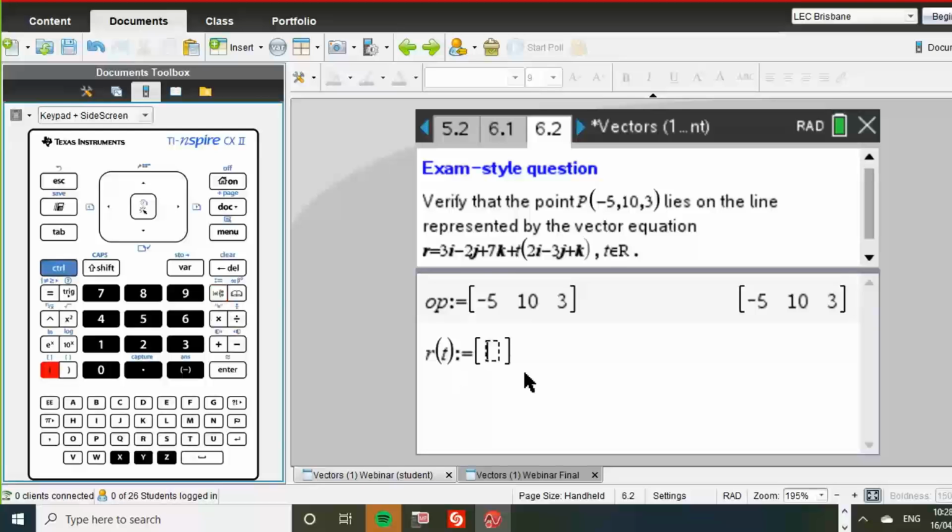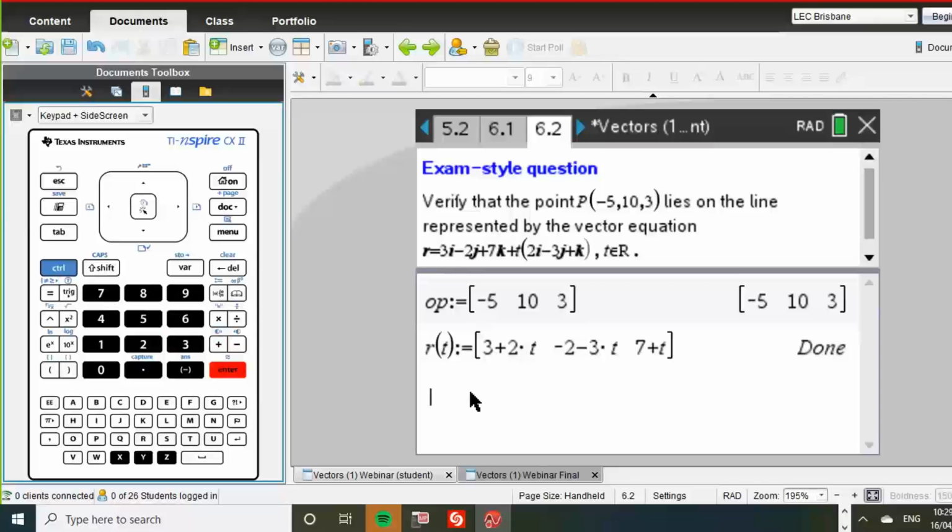And I'm going to combine this into components: the i components are 3 plus 2t, the j components are -2 minus 3t, and the k component is 7 plus t. Press enter, and we've received the reply done. Let's just check that that's all right: 3 plus 2t, -2 minus 3t, 7 plus t. Hopefully you can see where that comes from.